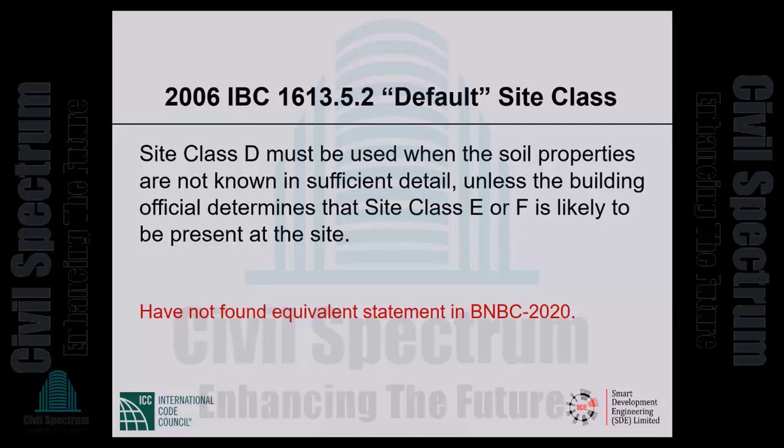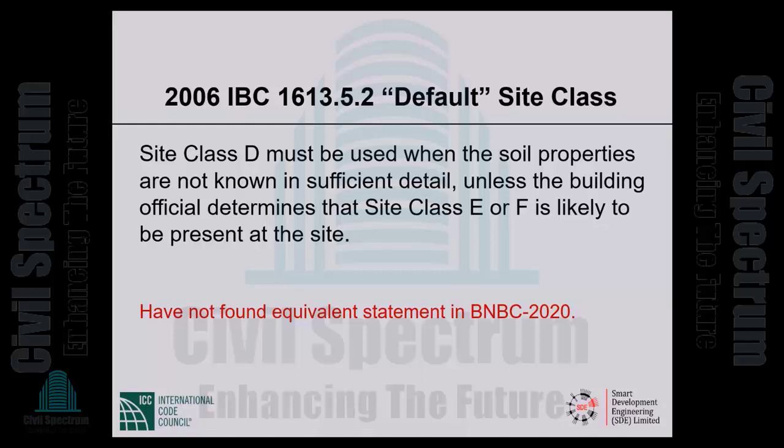ASCE 7-05 was replaced by ASCE 7-10, then ASCE 7-16, and now ASCE 7-22 is right around the corner. So a lot of changes have taken place. Same with the IBC. And once I start going there, there will be no end. So I have stuck to the older stuff, and it has been for me an effort to go back to some of this much older material, but that's what I have tried to do.